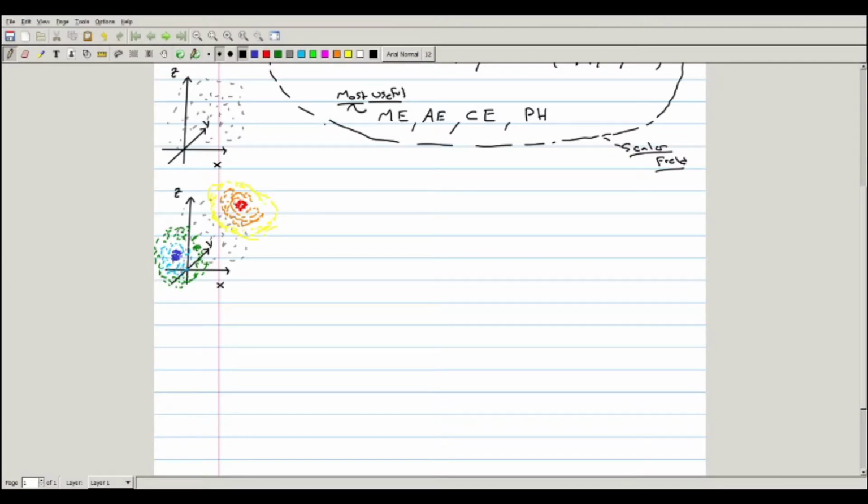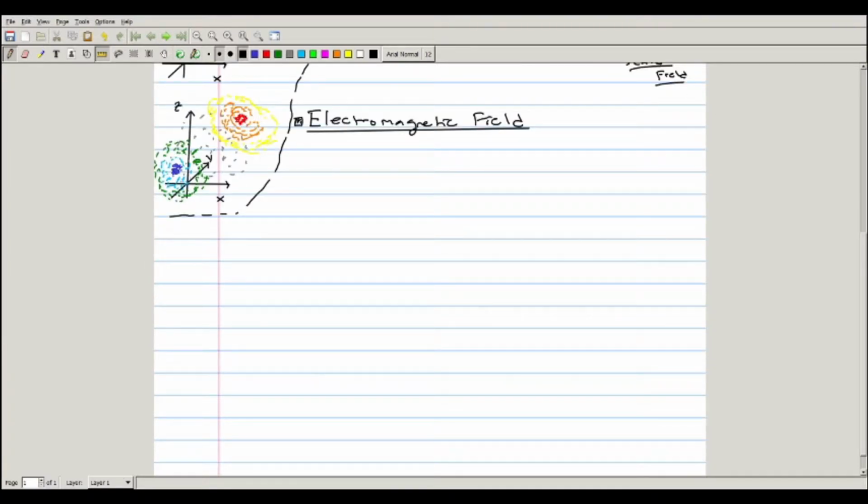Another extremely important example is that of an electromagnetic field. An electromagnetic field is actually not a scalar field.